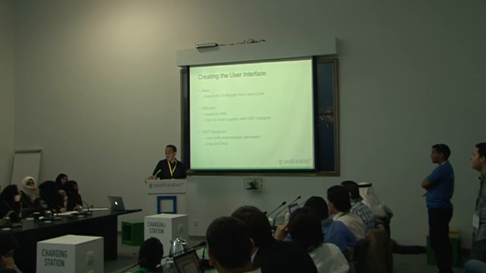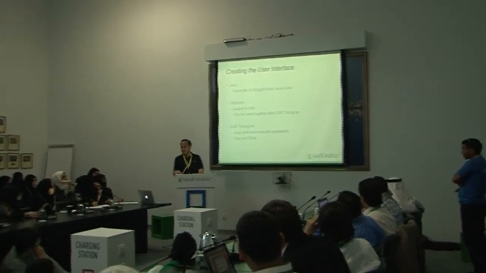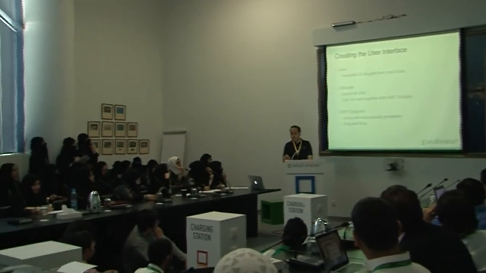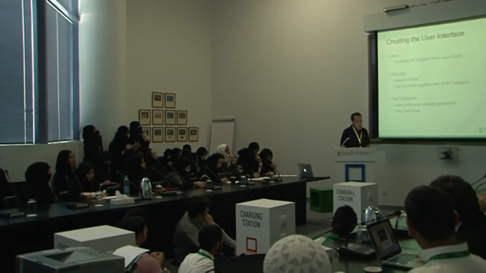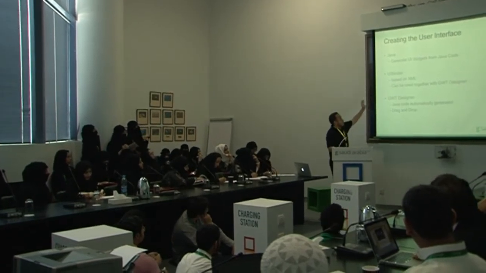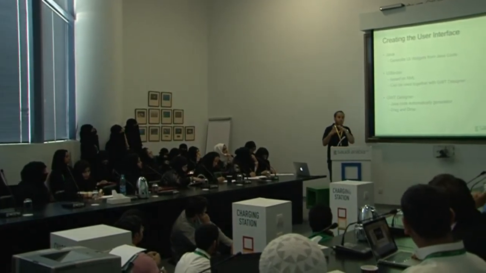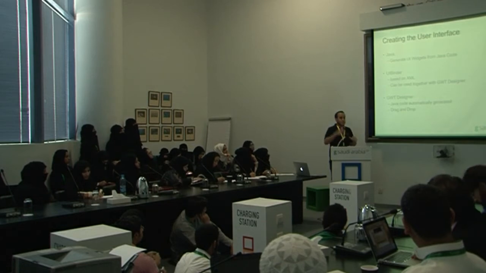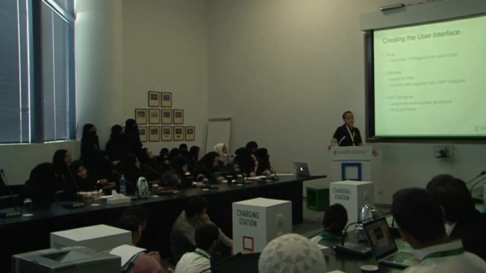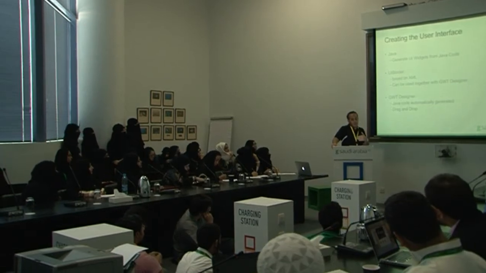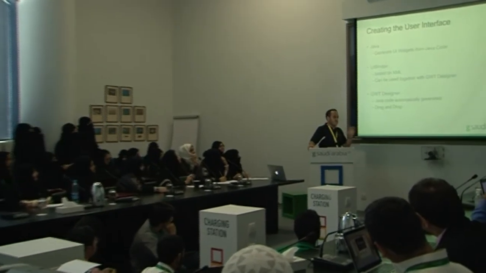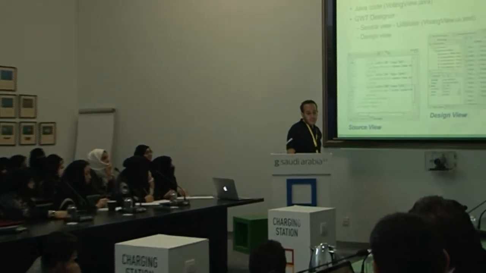It's called GWT Designer, but the thing you want to download is the Google plugin for Eclipse. So again, you're going to generate UI widgets, and it'll write the Java code for you. You drag and drop, and it'll generate the Java code. It also generates the XML, which is what's used for layout. And it's very interactive drag and drop.